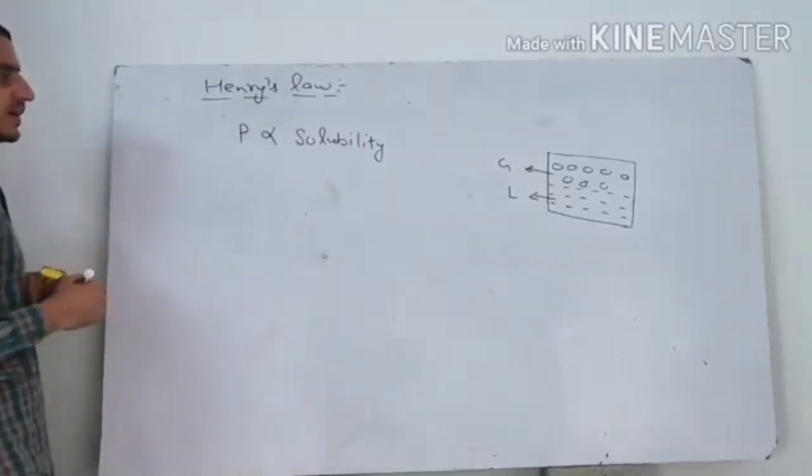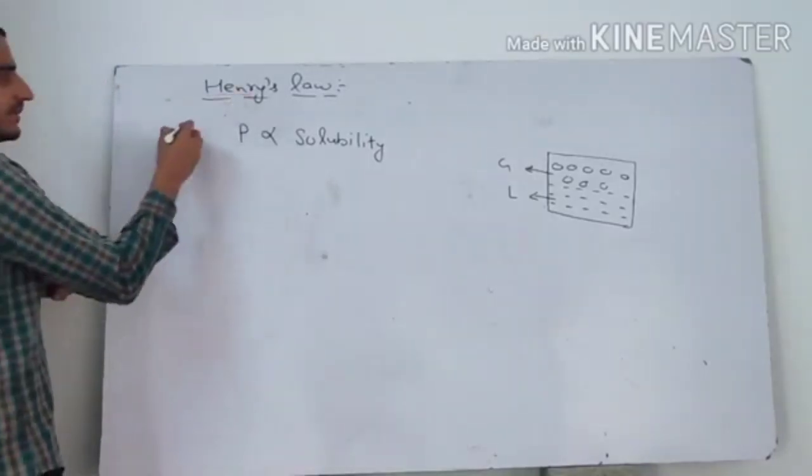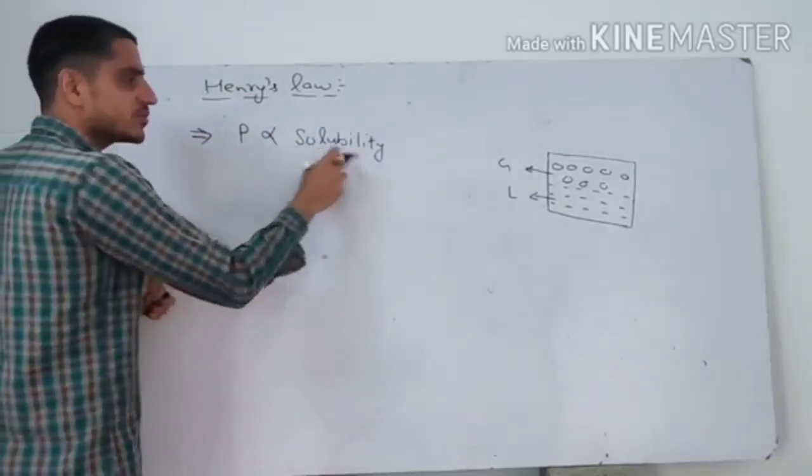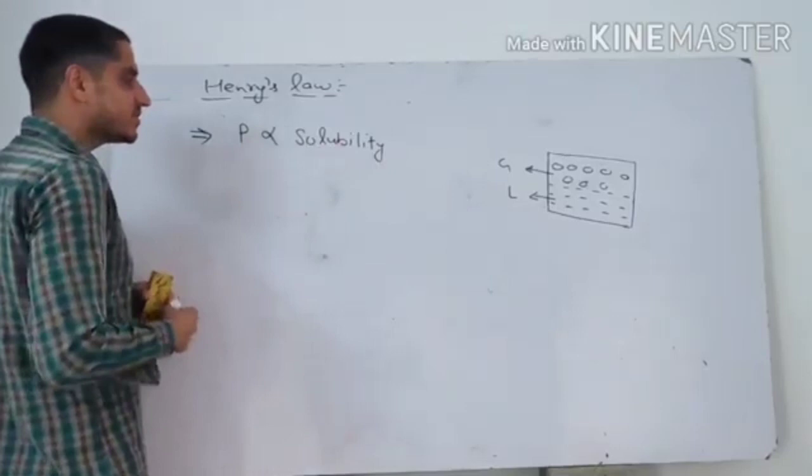Okay. So Henry's law is like that. The basic statement: the more the pressure applied by the gaseous molecules on the solvent, the more will be the solubility of that gas in that solvent.